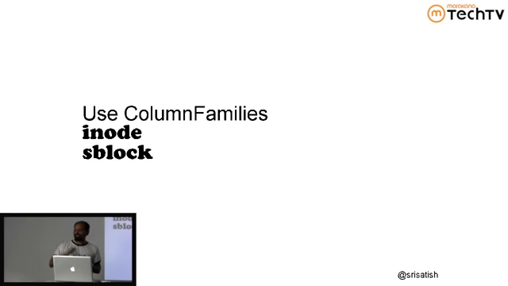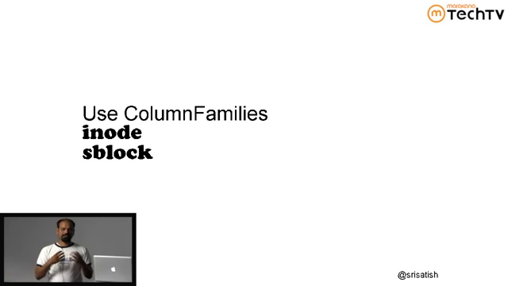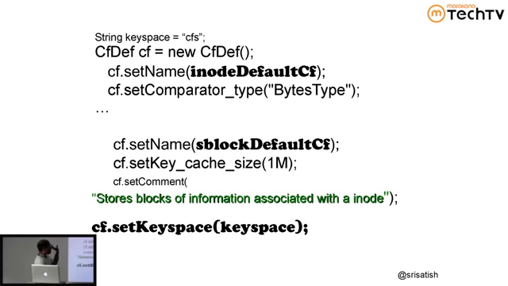The column families that we widely discussed: how do we actually make this whole HDFS sit on Cassandra? Hadoop file system is its own mechanism. What we've done is basically use regular column families to write inodes and sblocks, right? Subblocks. A little code here creates two column families in the same keyspace, Cassandra file system.